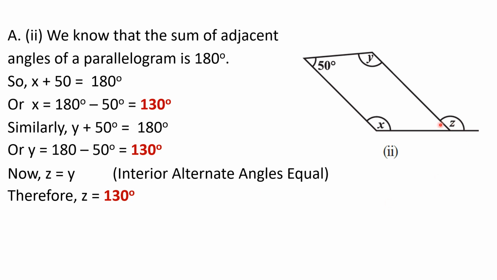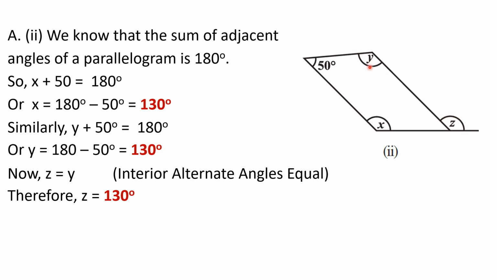Now we have to find z, which is outside. So here we will use lines and angles, parallel lines. We know that the opposite sides of a parallelogram are parallel. So this side is parallel to this side, and the third side becomes the transversal. So if this line and this line are parallel, and we have this line as a transversal, then y and z become equal.